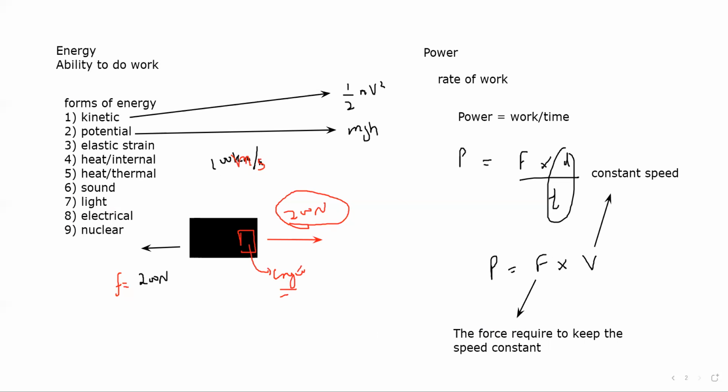When you substitute F, the resultant force is zero, but there is a force which is keeping the speed constant, and that we substitute. So this is the last part of today's discussion.